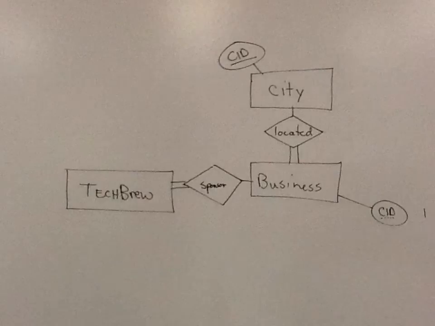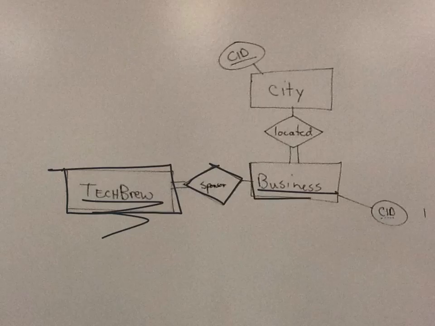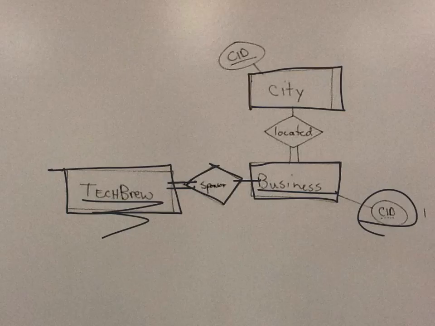Let's move on. So here's a simple diagram. We talked a little bit about the tech brews. So we have the entity, which is the actual tech brews. They can be sponsored by a business. So the business can help pay for that. It has to be sponsored by at least a business. And then we have this here. We talked about the city. The business is located in a city.